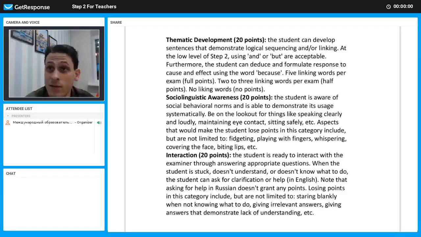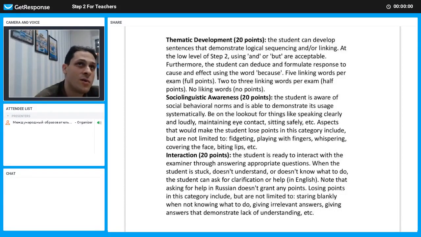About thematic development, at this point it is sort of an easy point to get because it's just about linking words, but at step 2 it's only and, but, so, and that's perfectly enough. And thematic development shows that the person can create logical formulations.